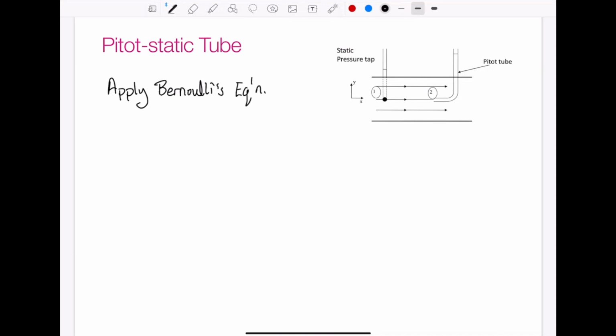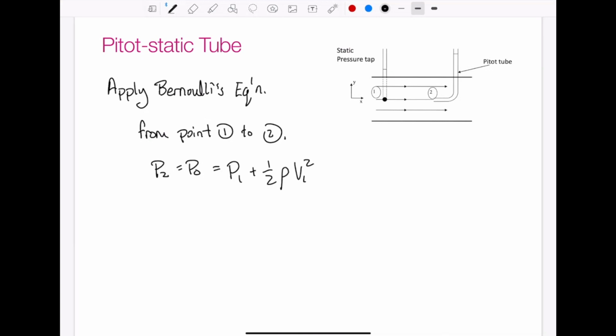So let's apply Bernoulli's equation from point 1 to point 2. We have P2 is equal to P0, which is equal to P1 plus 1/2 rho V1 squared.